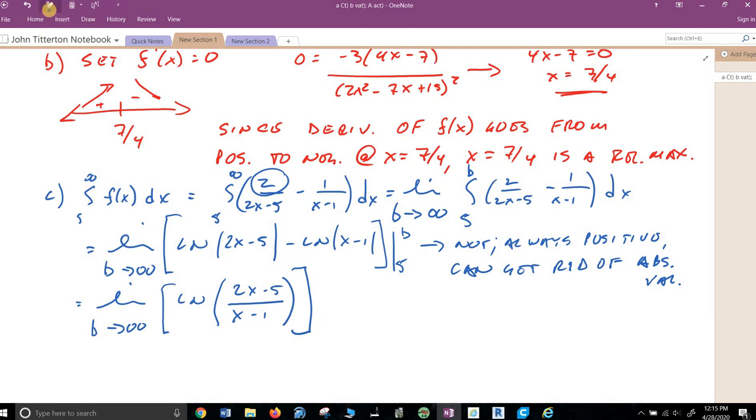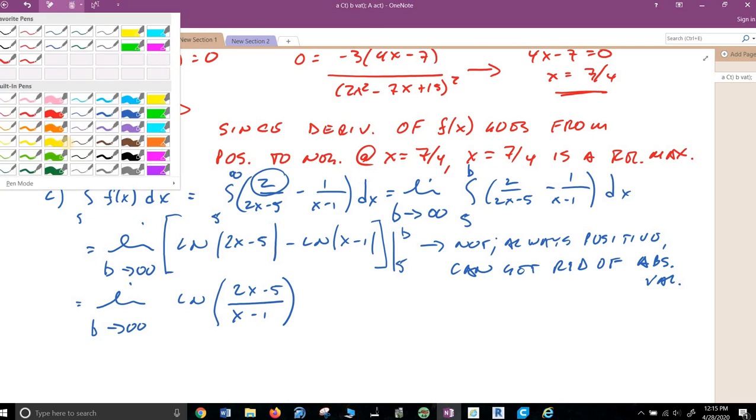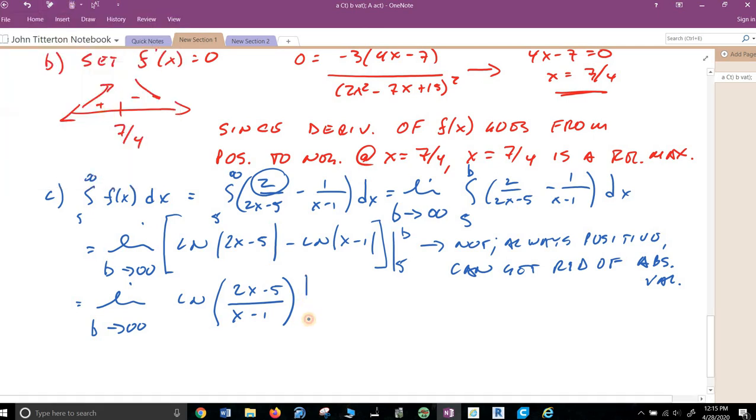I don't need these anymore. To b equals ln of 2b minus, I should write it again. I'm trying to be lazy. Tired of writing my limits.